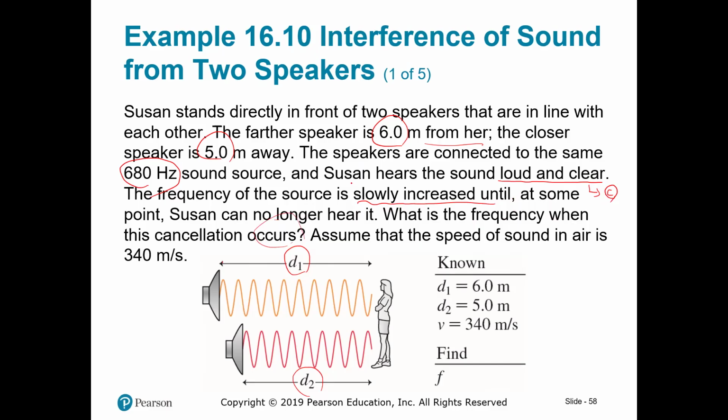So basically here we increased the frequency, right? Assume the speed of sound is 340. So now, based on this sound wave source, what is lambda here? The first step you have to do is find the lambda of the source, right? Your velocity of the sound wave is what?